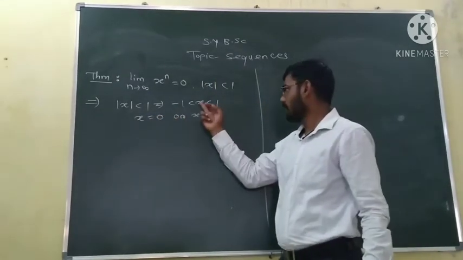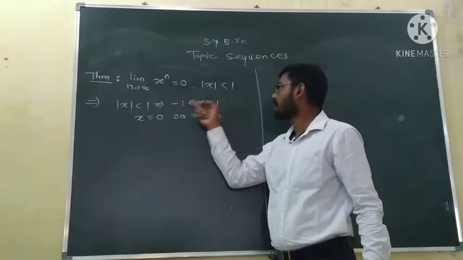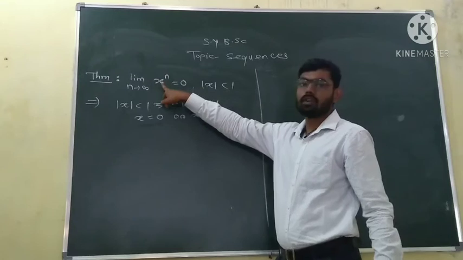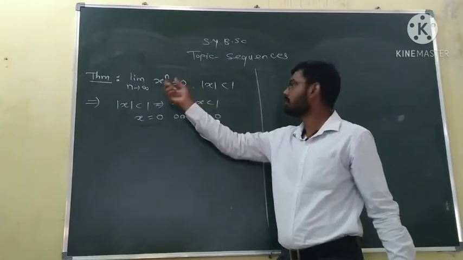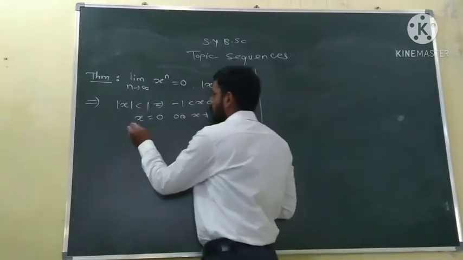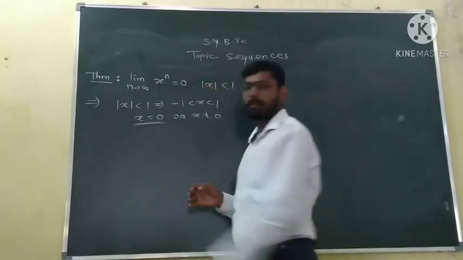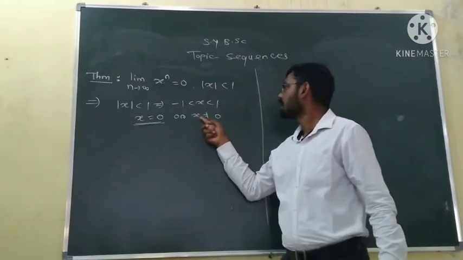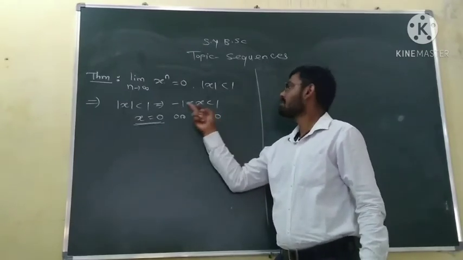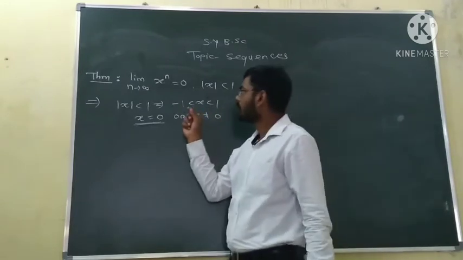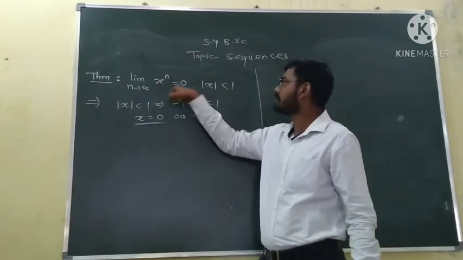If x is equal to 0, this becomes 0, and the limit of a constant 0 is 0. So there is nothing to prove if x is equal to 0; for x equal to 0, the theorem is trivial. So we will focus on the value of x which is not equal to 0 and lies between minus 1 and plus 1. Now we have to prove the limit of this sequence is 0.